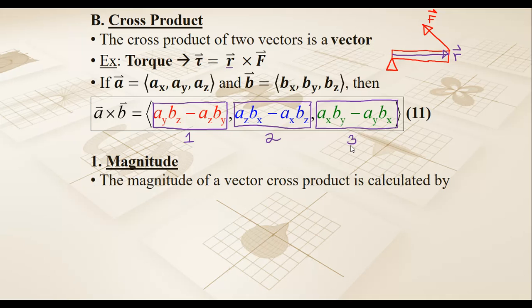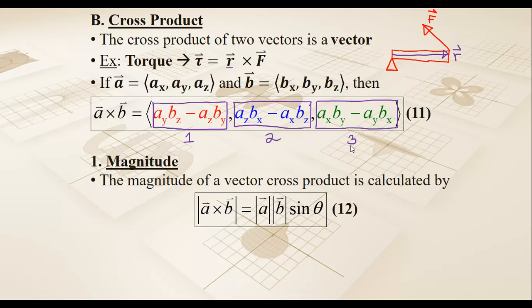So let's say I didn't want to worry about the direction, and all I want to know is the magnitude of A cross B. That would be equal to the magnitude of A times the magnitude of B times sine theta. It looks pretty similar to the dot product equation, except we have sine instead of cosine. But this only tells you the magnitude of the vector. It does not tell you the direction. So again, we can use torque as an example here.